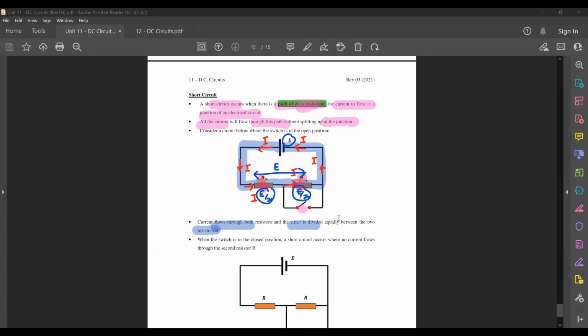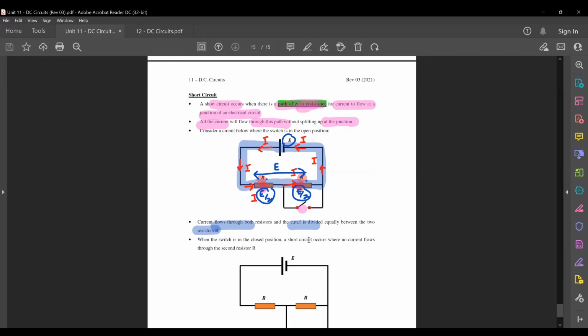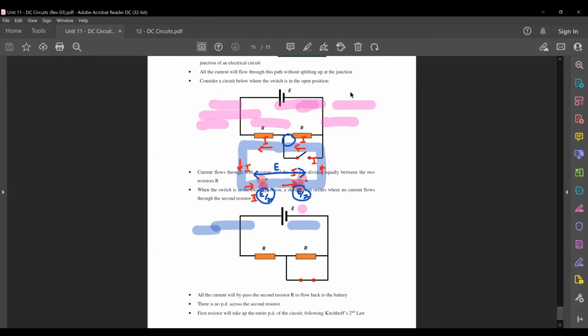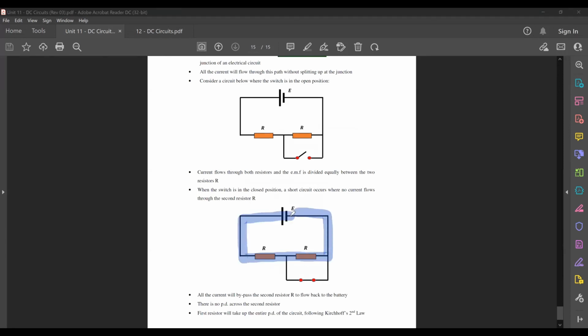Now, what happens if you were to close the switch? If you were to close the switch like what you see here, you now have what we call a short circuit. Previously, with the switch open, this was the circuit that I considered.